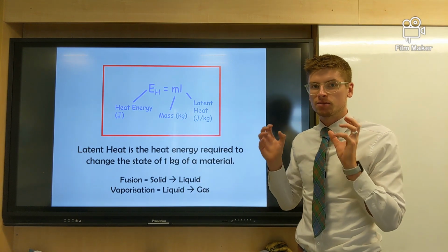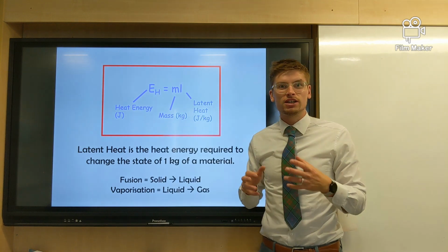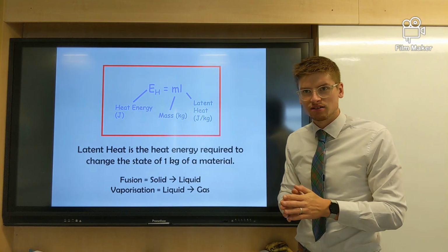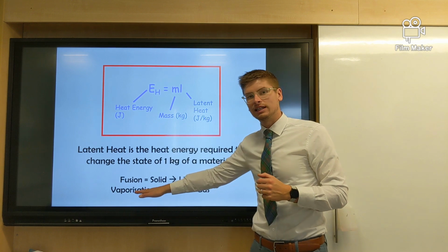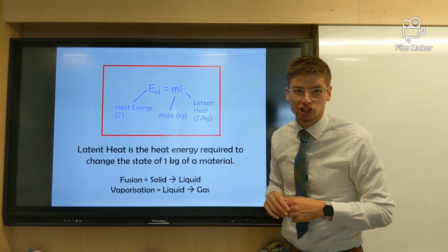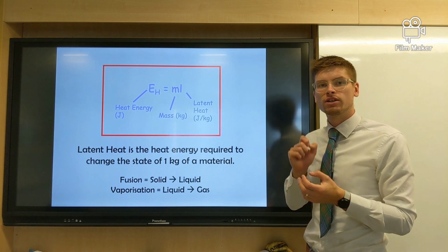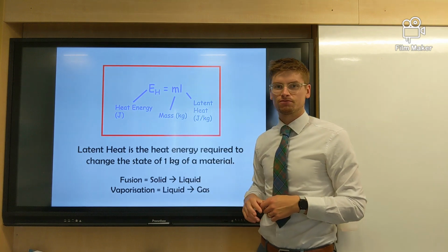For any question that's asking you about a solid melting or a liquid freezing, you're going to look at this latent heat of fusion. But if it's gas, think of vapor. Gas to liquid, liquid to gas, you're going to be using latent heat of vaporization. Whatever the question asks, you have to look accordingly to the data booklet and find out which one you're using.